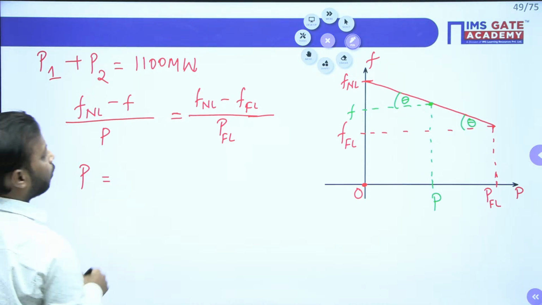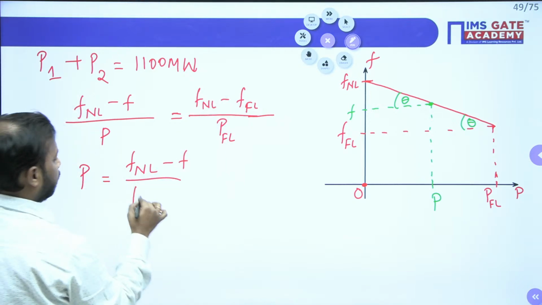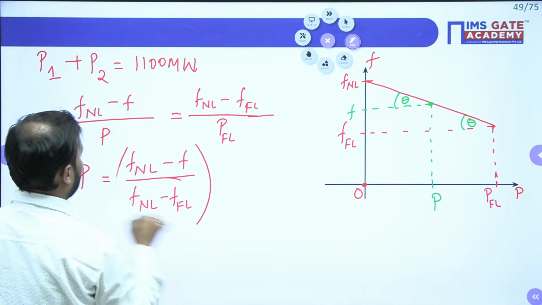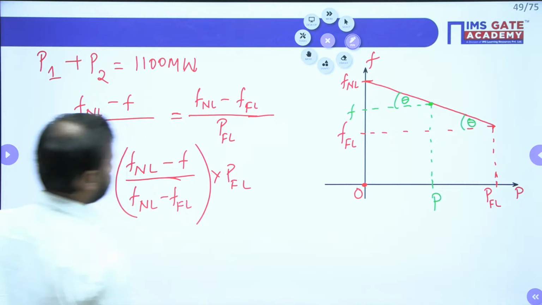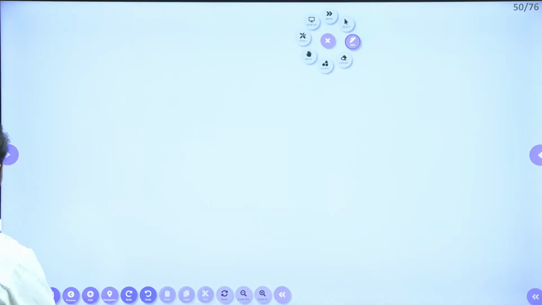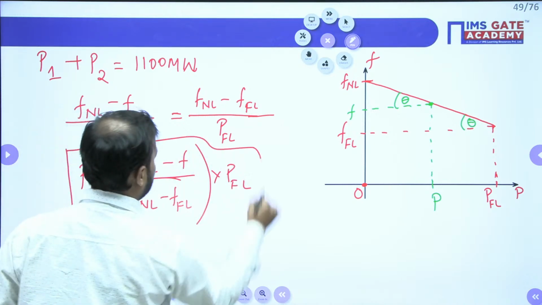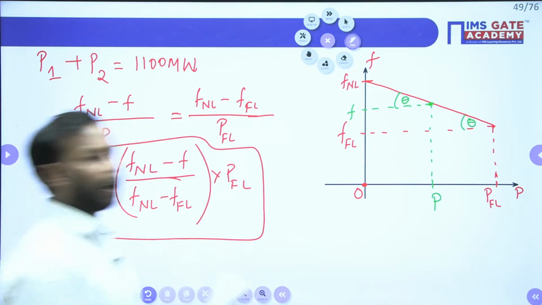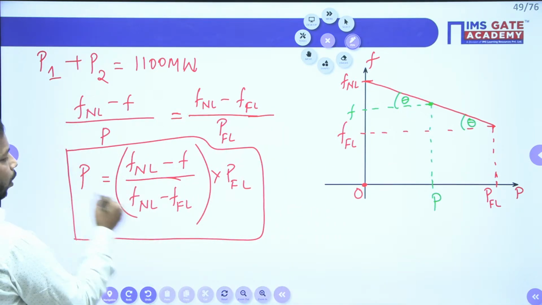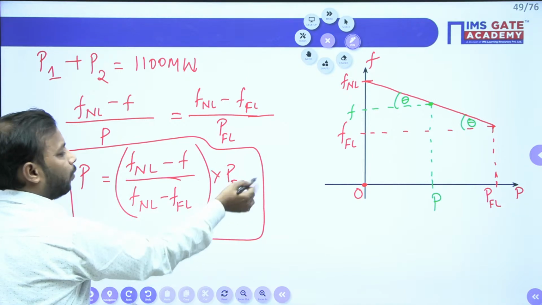From here, P will be equal to FNL minus F upon FNL minus F full load, times P full load. All right, so let me add one page here. This is the generalized expression for any particular power that the machine is giving. So for P1, you will have to take the full load frequency and full load power for the first machine.